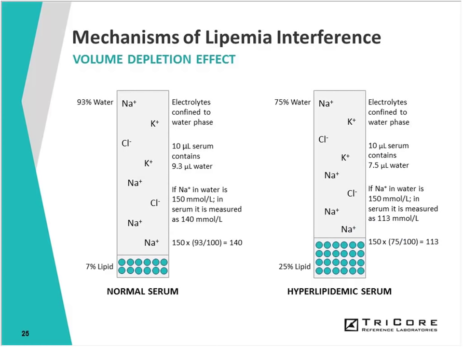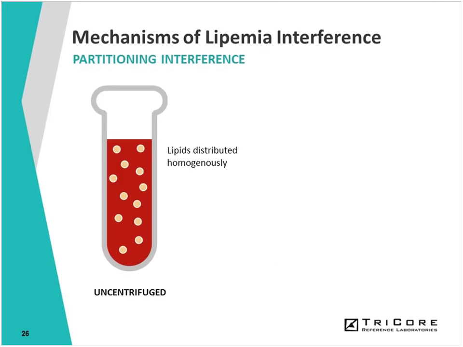And that's a condition that we refer to as pseudo-hyponatremia. Now remember that this type of error only occurs when the serum sample has to be diluted, as is the case with many automated methods for measuring electrolytes, such as sodium. Methods that don't require dilution of the serum, such as direct ISE measurements, don't show this type of interference.